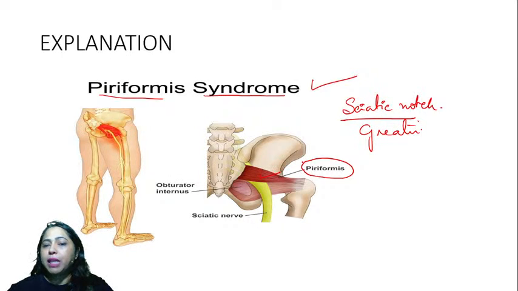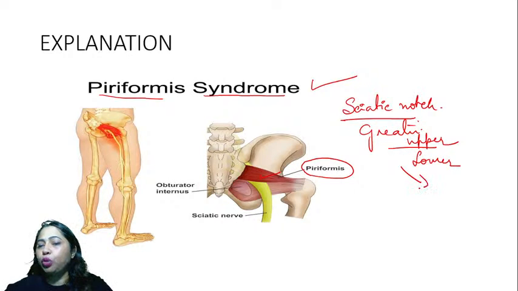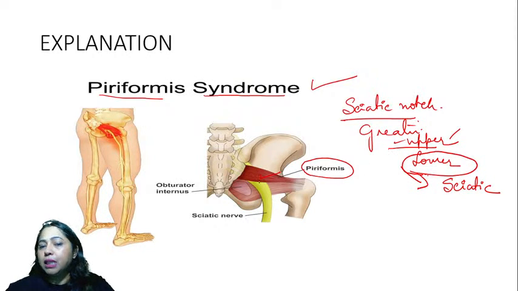So this piriformis divides the greater sciatic notch into an upper and a lower compartment. There are structures passing through the upper, like the superior gluteal, and structures passing through the lower, the inferior gluteal, and also the sciatic nerve, which is in the lower compartment.